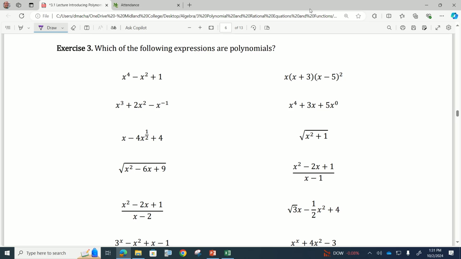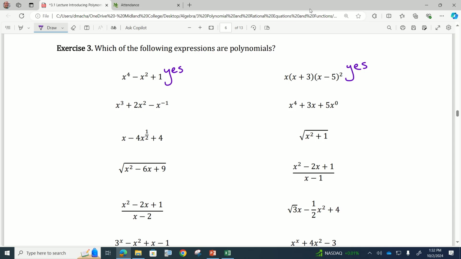So let's see, which of the following are polynomials? Is this a polynomial? The top left one? Yes, it's a polynomial, it's an expanded form. Is this one a polynomial? Yes. This is a polynomial in factored form.